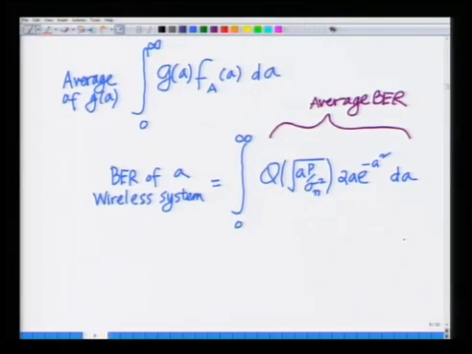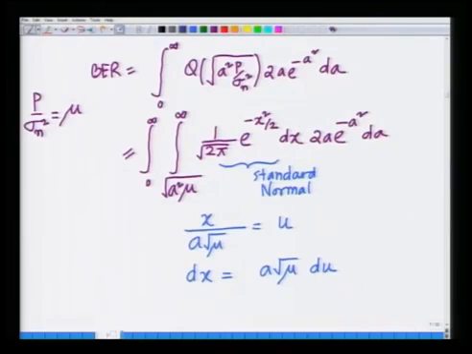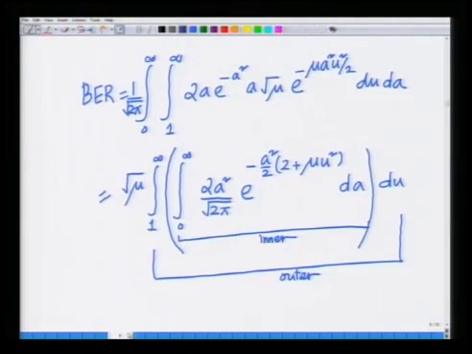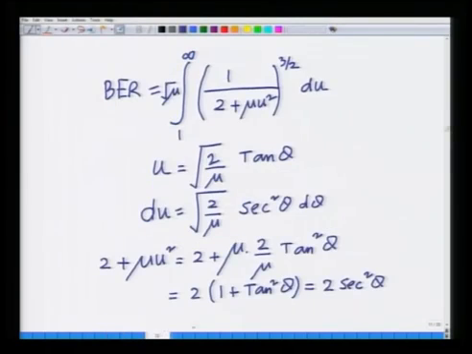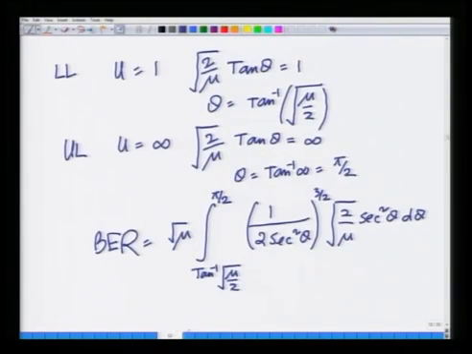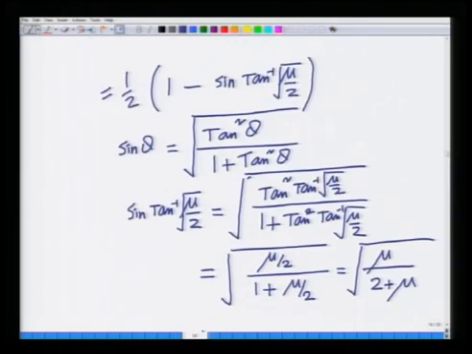Remember, a has a Rayleigh distribution. So, the distribution of a is 2a e power minus a square, from the limit 0 to infinity. Then we went through an elaborate procedure of evaluating this integral. Let me not go over it again, but I will just show you the steps involved, so that you can recollect what we did.